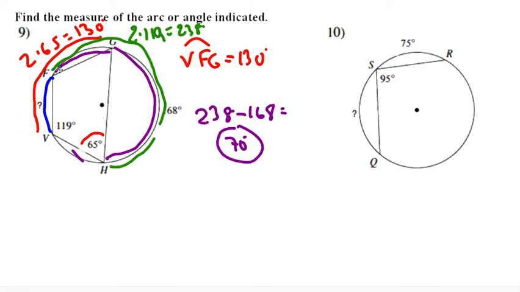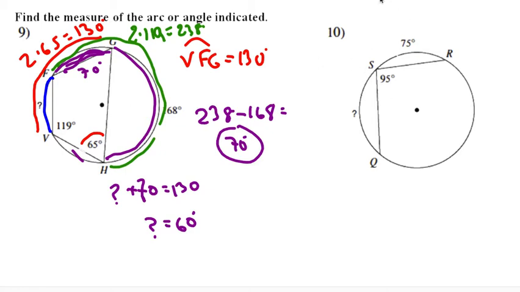So that means this overlap here is equal to 70 degrees, which means if this part in red is 130 degrees, this part is 70, which leaves how much? Well, what we're trying to figure out, plus 70 equals 130, which means that question mark is 60 degrees.